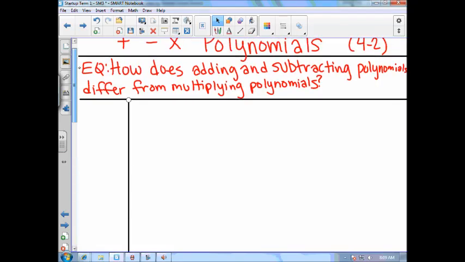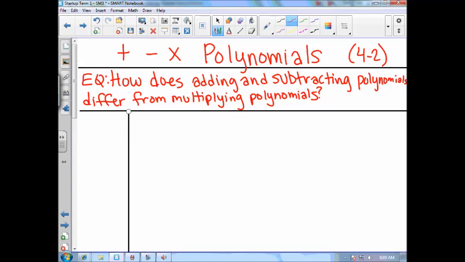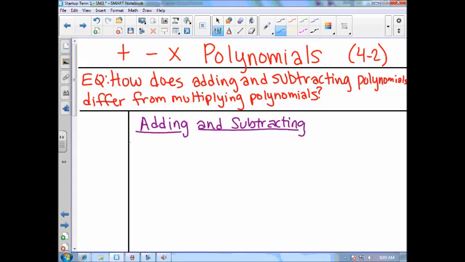Okay, we're going to start with adding and subtracting. Example 1, let's see. I need a trinomial. You can be creative. Would anyone like to give me a trinomial? Tri means it has 3 terms. Tyler? Okay, let's give it a variable.